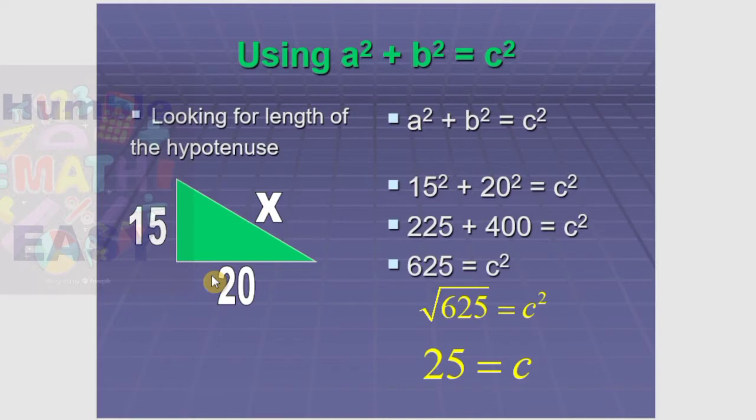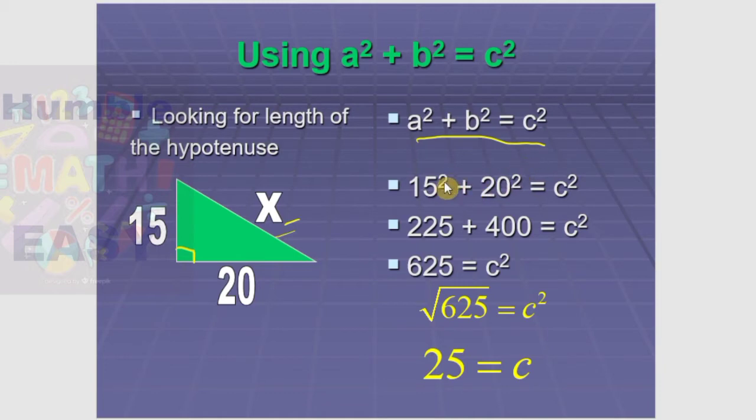For example, with this figure, we have two legs given, 15 and 20. Since x is unknown and x is opposite the right angle, this x is our hypotenuse. So we make use of a squared plus b squared is equal to c squared.